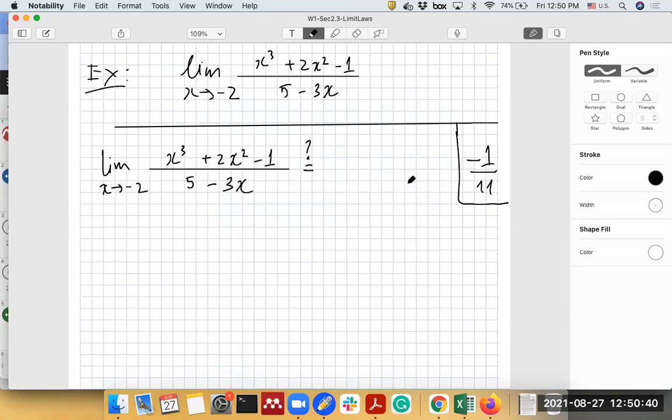Let us double check. First, it's a rational function, right? At -2, this isn't defined. So at -2, the denominator, what is it?